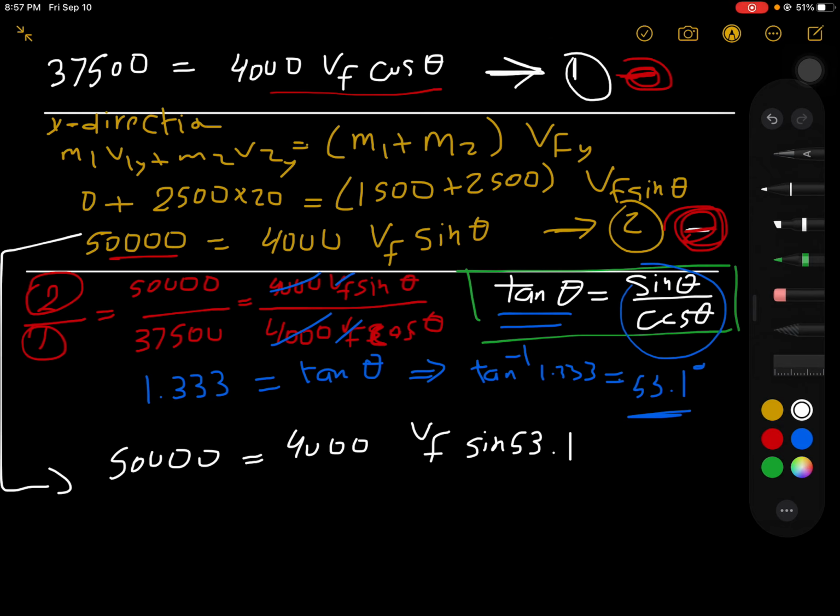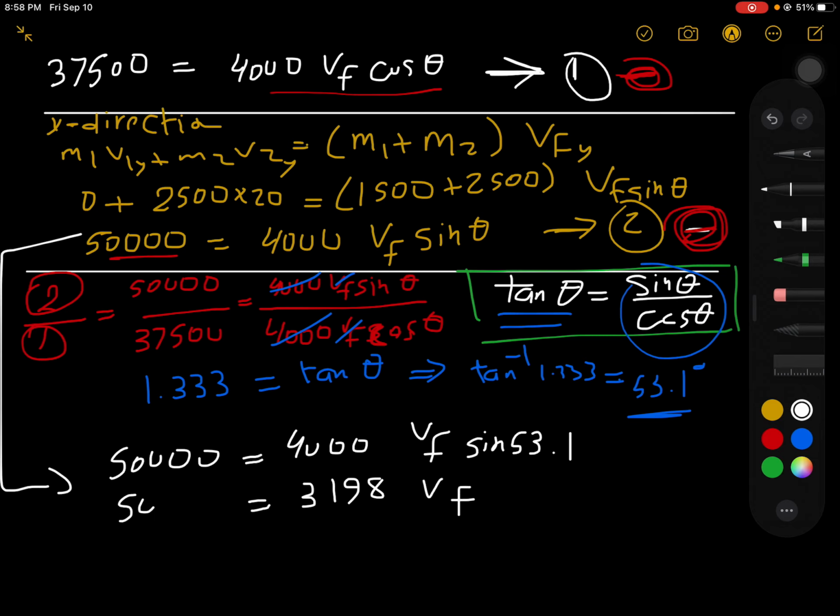On the calculator, sine 53.1 equals 0.8 approximately, times 4,000 equals about 3,198.